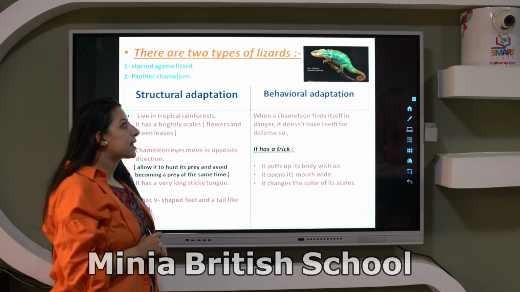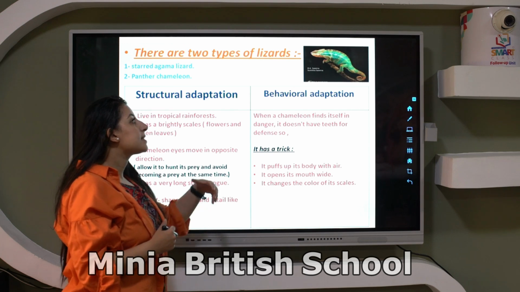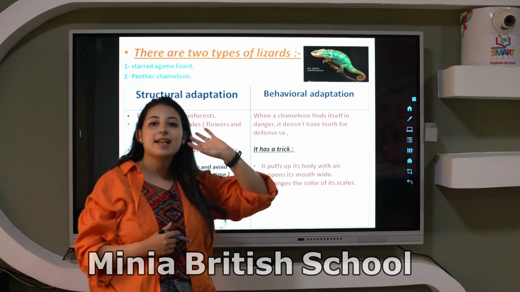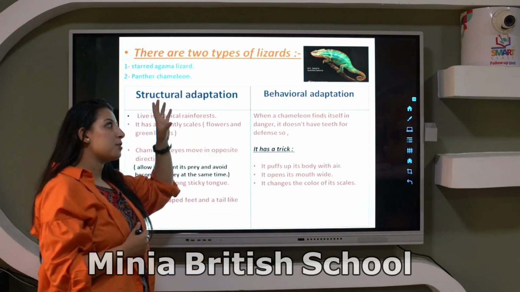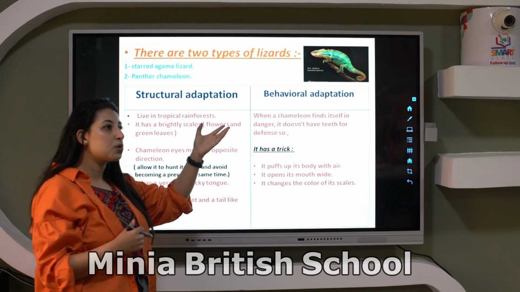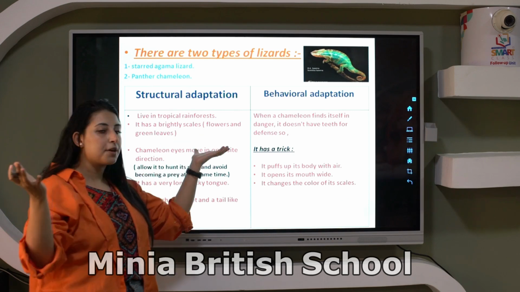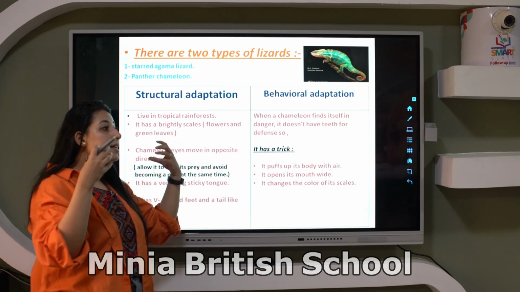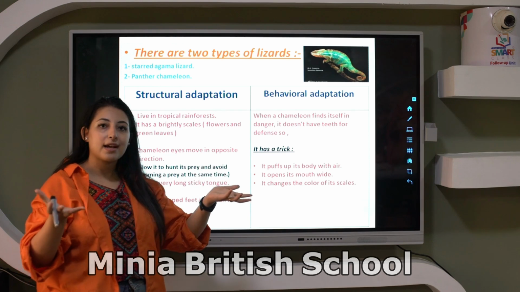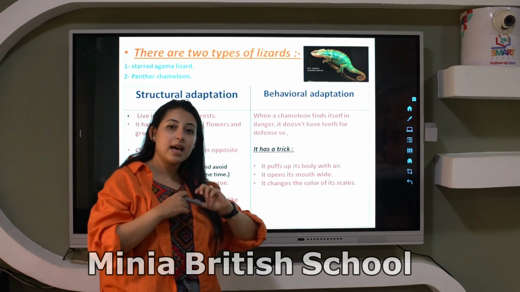What about its scales? Wow, it has colorful scales like the colors of the tropical rainforest. It stands on trees, colorful flowers and colorful rainforest, right? So it must adapt or make camouflage with this habitat.